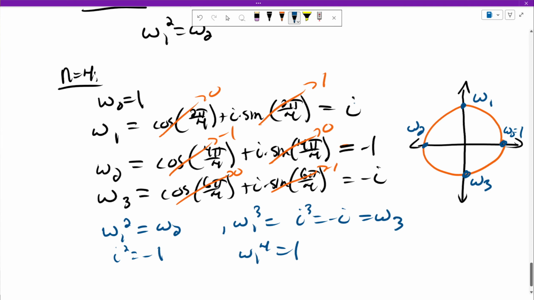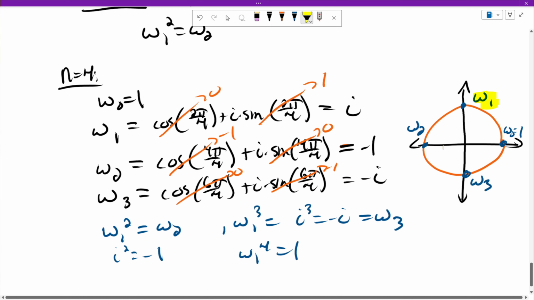And so, as we saw with the case n equals 3, in the case n equals 4, you just need W1, and the other guys you can get by taking powers of W1. You can't do that with W2 though. Hang on, let me say this is a primitive fourth root of unity.